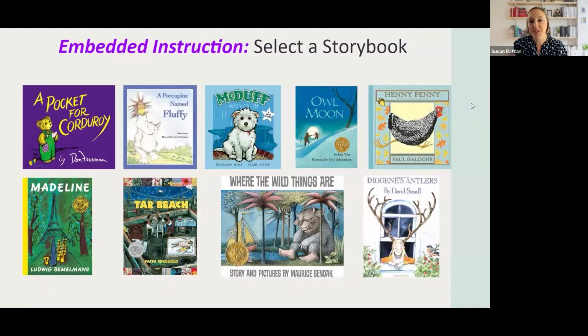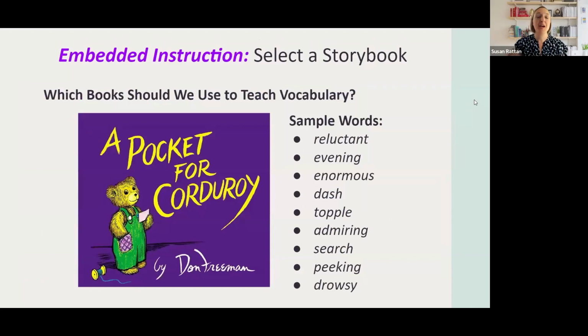So here are just a few examples of the many, many wonderful books that we could choose to use for embedded instruction. Some things to consider as you're selecting a book. We're going to talk about word selection in a little bit, but you want to look through and make sure that there are appropriate kinds of words that you could target for instruction.